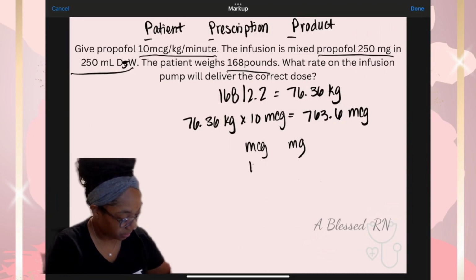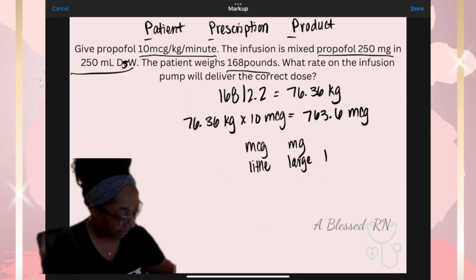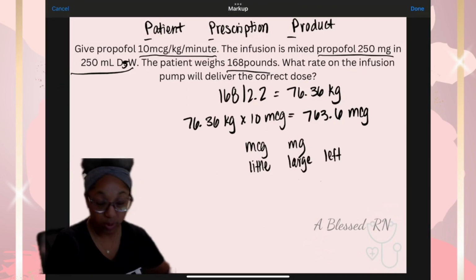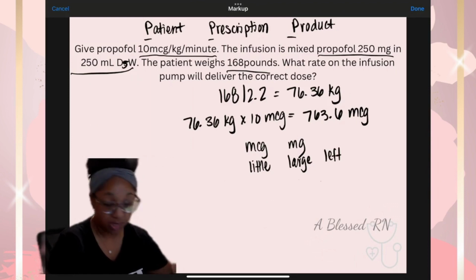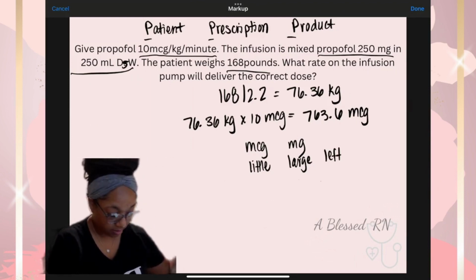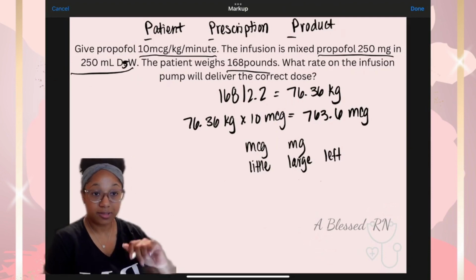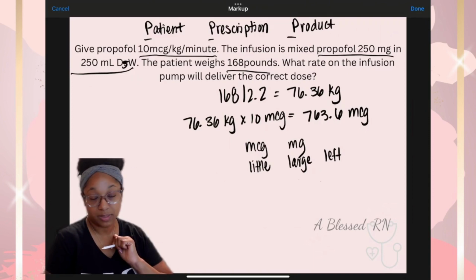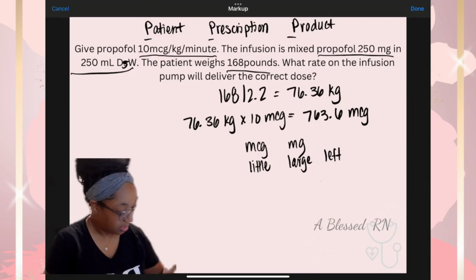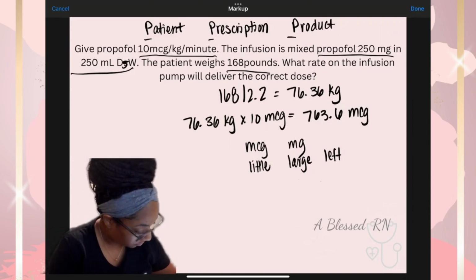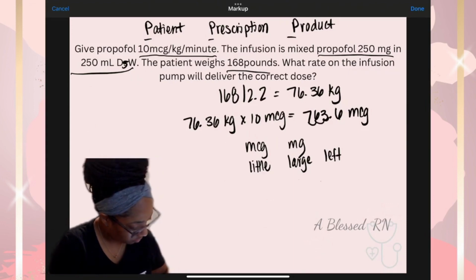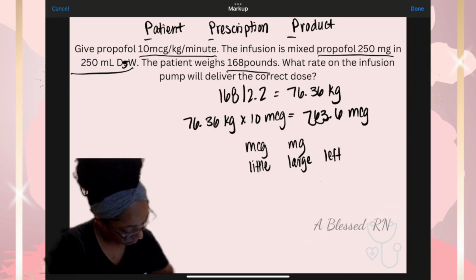So we're going to go from little to large, left. This is just your quick way of doing it. You want to multiply, divide, however much you need to, that's fine. I like little large left, might slide right, because all I got to do is move this decimal 3 spaces, and that's it. So, 1, 2, 3.